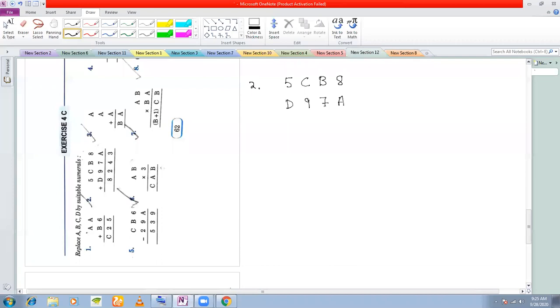Where each of these alphabets, A, B, C, D, are all digits. It can take any value between 0 and 9. It can be either 0 or 1 or 2 or 3 or 4 or anything till 9. And if you add these two numbers, what you are getting here is 8, 2, 4, 3. Now the question is, what can be the values of A, B, C, and D?